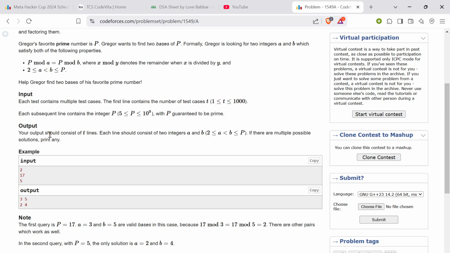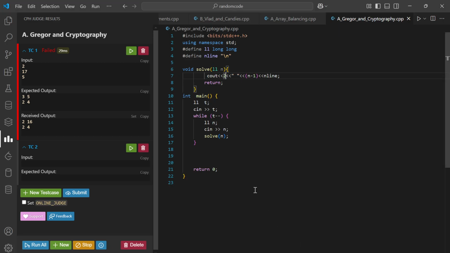Here it is written: your output should consist of t lines. Each line should consist of two integers a and b. If there are multiple solutions, print any. Okay, so we can write here the first element is 2 and the other value, the value of b, will always be n minus 1.